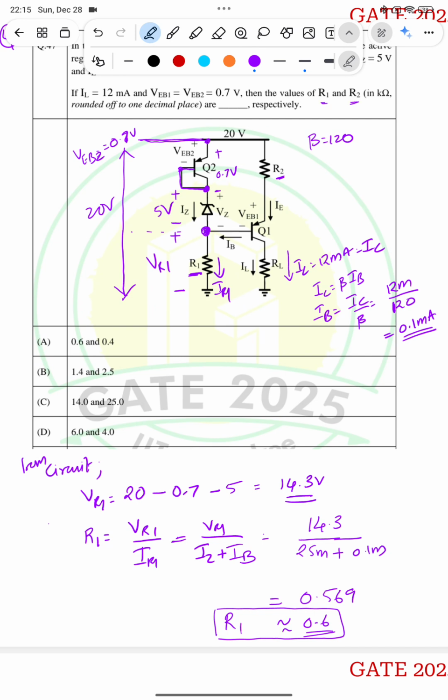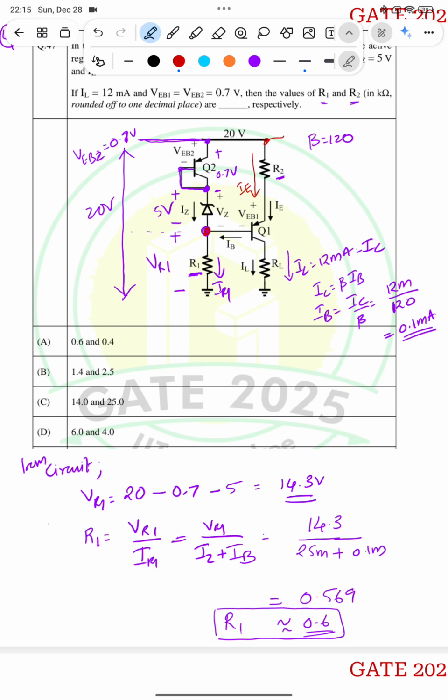Okay, so for R2, we need to find the voltage across R2 and divide by the current through R2, right? The current through R2 is IE, okay? And what is the voltage across R2? From this node to the ground is again 20 volt, right? If you see this path, at this node I have the voltage VR1.